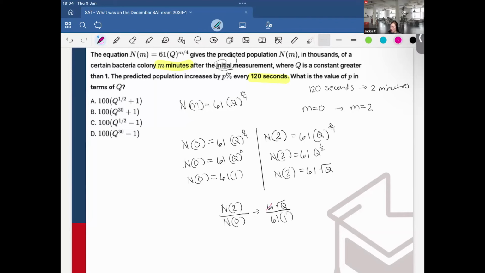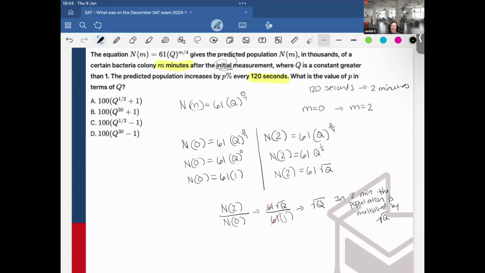The 61s basically cancel, and we just get the square root of q, which means in 2 minutes, the population is multiplied by the square root of q.